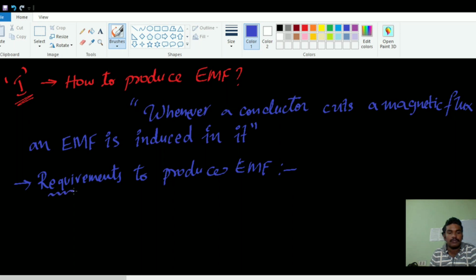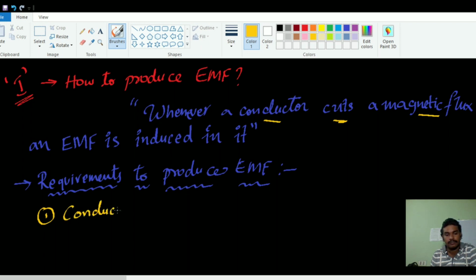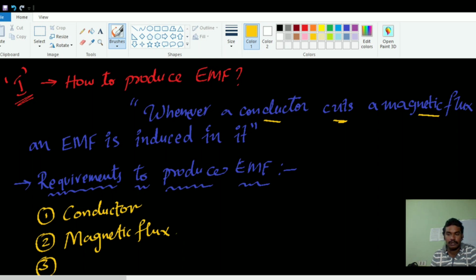By seeing this principle, we can say that we need a conductor, we need a magnetic flux, and we need a cutting action.